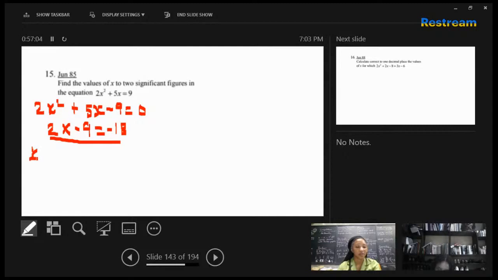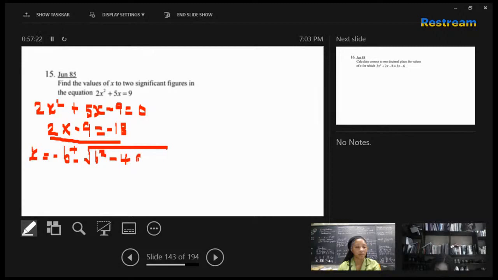So we use the quadratic formula. x is equal to negative b plus or minus the square root of b squared minus 4ac, over 2a.